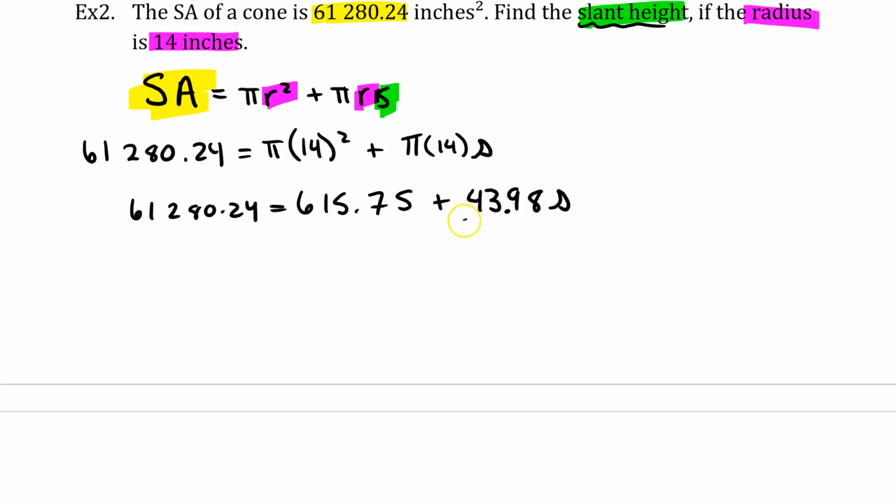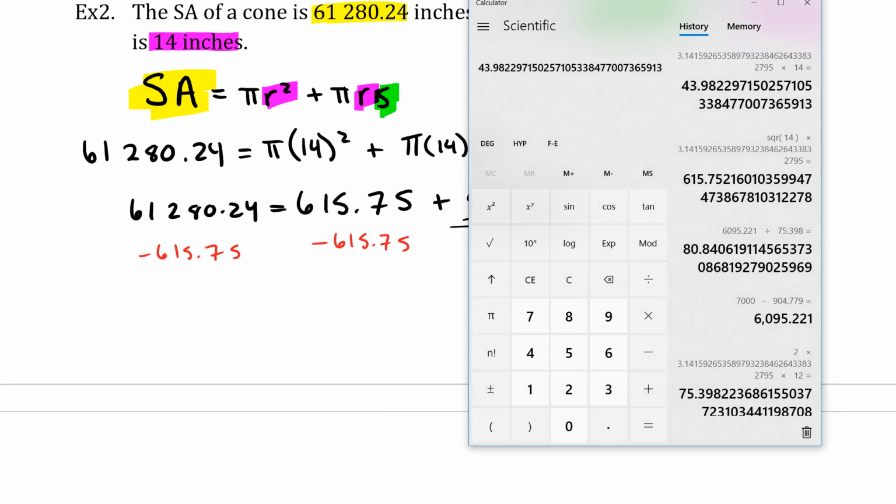I want to isolate this, but this right here is getting in the way. It's added to it. So what I want to do to both sides first is subtract 615.75. 615.75 minus 615.75 just equals 0.